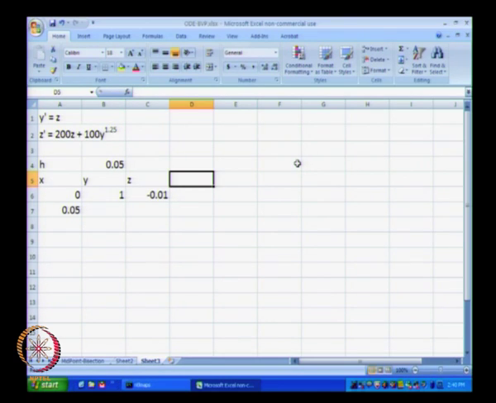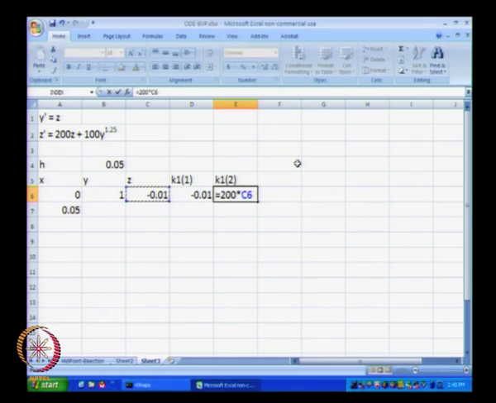And now y dash is equal to z, so k1 1 is just going to be equal to z. k1 2 is going to be equal to 200 multiplied by z plus 100 multiplied by y to the power 1.25.